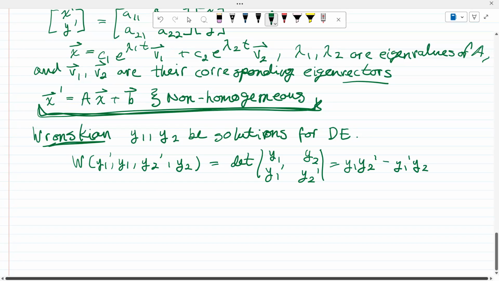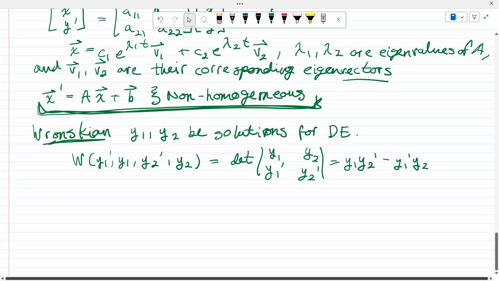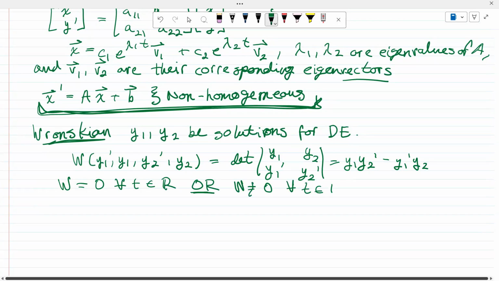So now with this Wronskian, we either have that W is equal to 0 for all t in R, or W is not equal to 0 for all t in R. So you might be given a question where it's like, can these y1 and y2 ever be independent solutions to a differential equation?